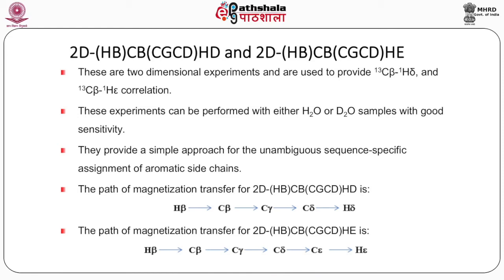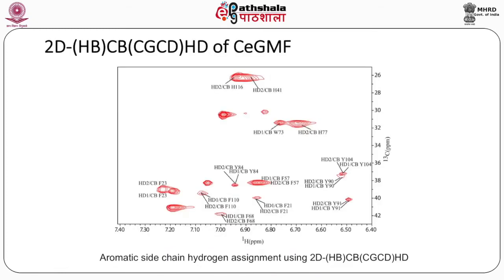Then you have other peaks that come from the C beta, H beta correlation, and in the region from 3.5 to 5 ppm you usually have C alpha, H alpha correlations. So, this is what the 2D C13 proton HSQC spectrum looks like for the aliphatic region.